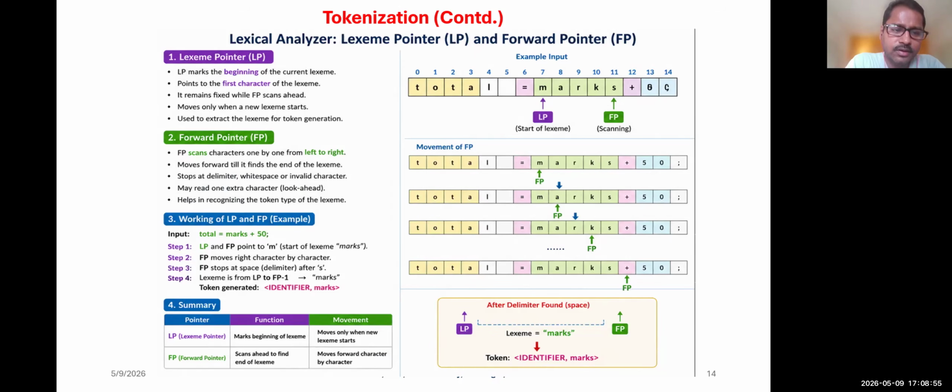Then how do you identify the corresponding token type of that word or that lexeme? For that, the Lexical Analyzer uses a very interesting tool called Deterministic Finite Automata. That will be seen in the future classes.